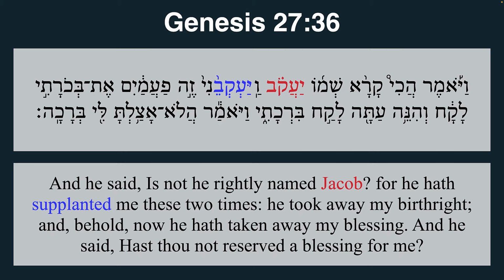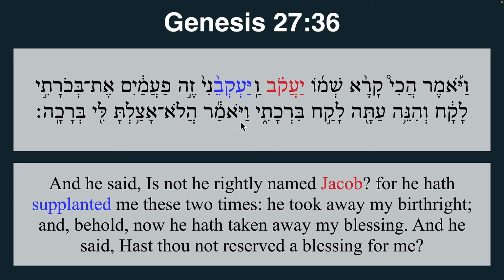Let's look at a couple more examples. In Genesis 27, we see that Esau actually complains to his father about Jacob, saying, is he not rightly named Jacob, because he supplanted me two times. Here we see Yaakov is the word for Jacob, and Vayakeveni is supplanted me.